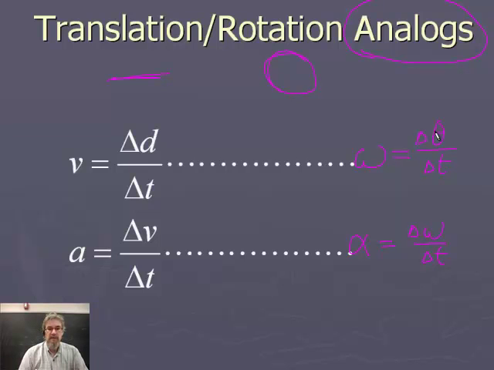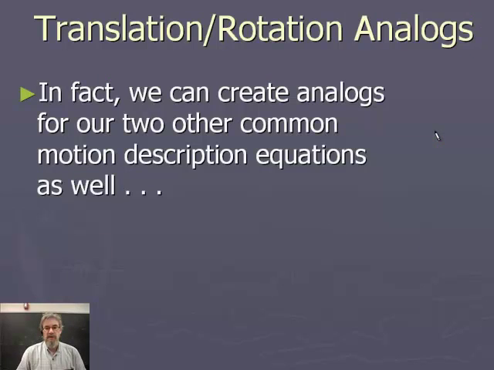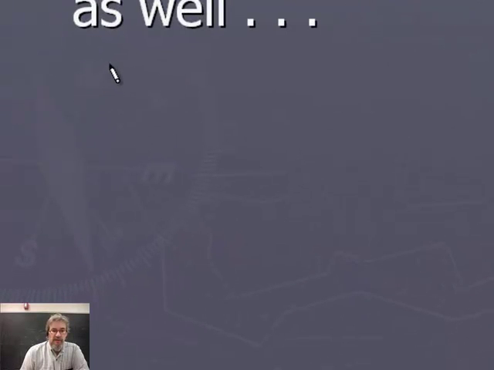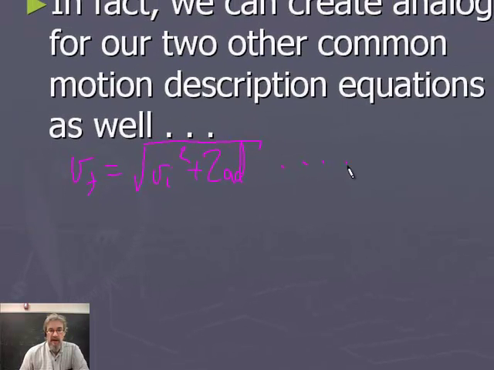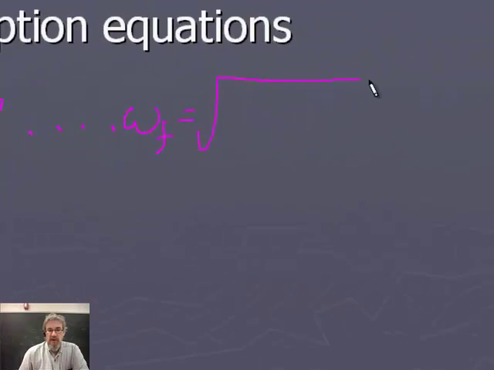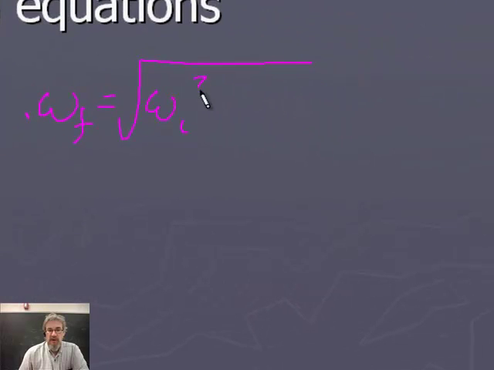If you think about it, we can create analogs for the two motion description equations that we've been using a lot in translation also. Think about this one. We have Vf equals the square root of Vi squared plus 2 times acceleration times distance. Well, here's the analog for rotation. Final omega is equal to the square root of initial omega squared plus 2 times, not a but alpha, and not d but theta.